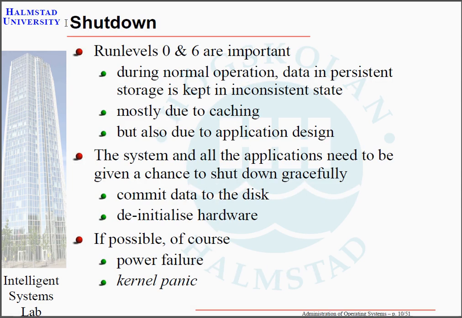The main reason for run levels is actually the shutdown. During normal operation of the system, the data in a lot of places is not kept in a consistent state. There is a lot of caching going on, and also some applications are designed in such a way that they don't save the data on disk all the time. So it's important to let the system shut down gracefully so that all the data can be committed to the disk as well as the hardware can be deinitialized.